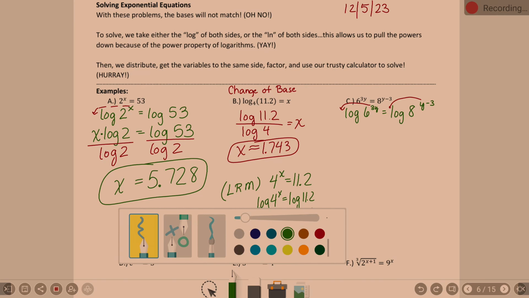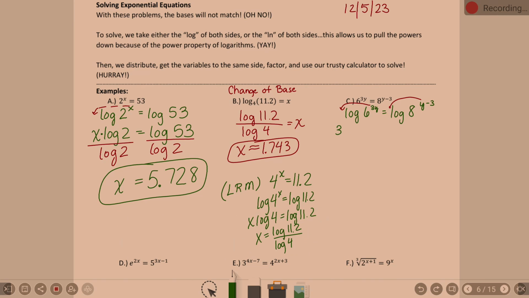With that in mind, this first one, it's going to be 3y log of 6. So essentially that is 3 times y times log of 6. This next one, we're moving out front the y minus 3. Actually, because it's 2 terms being subtracted, I need to say y minus 3 in parentheses times log of 8.